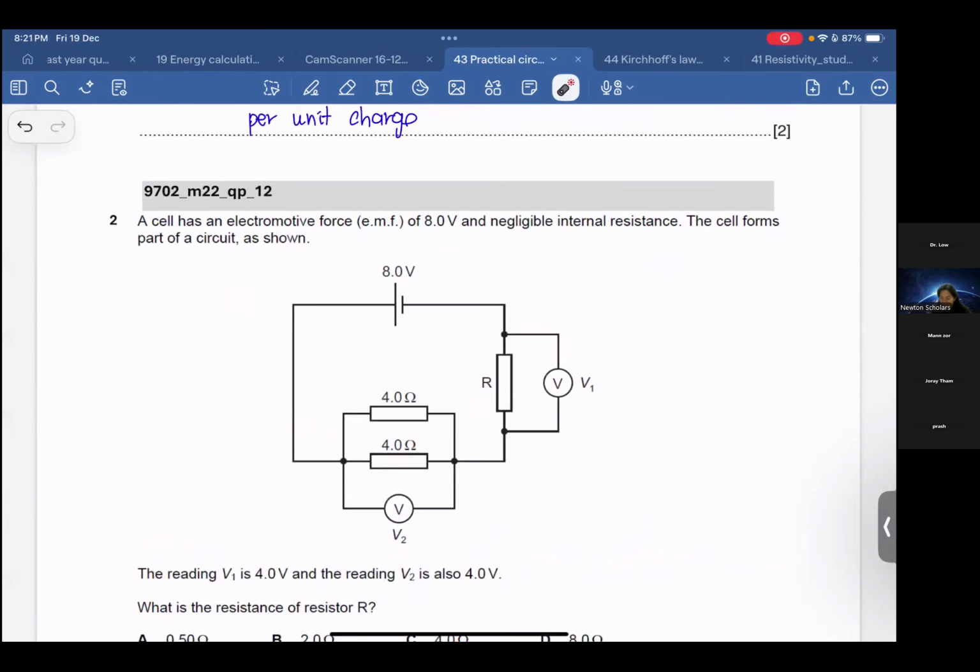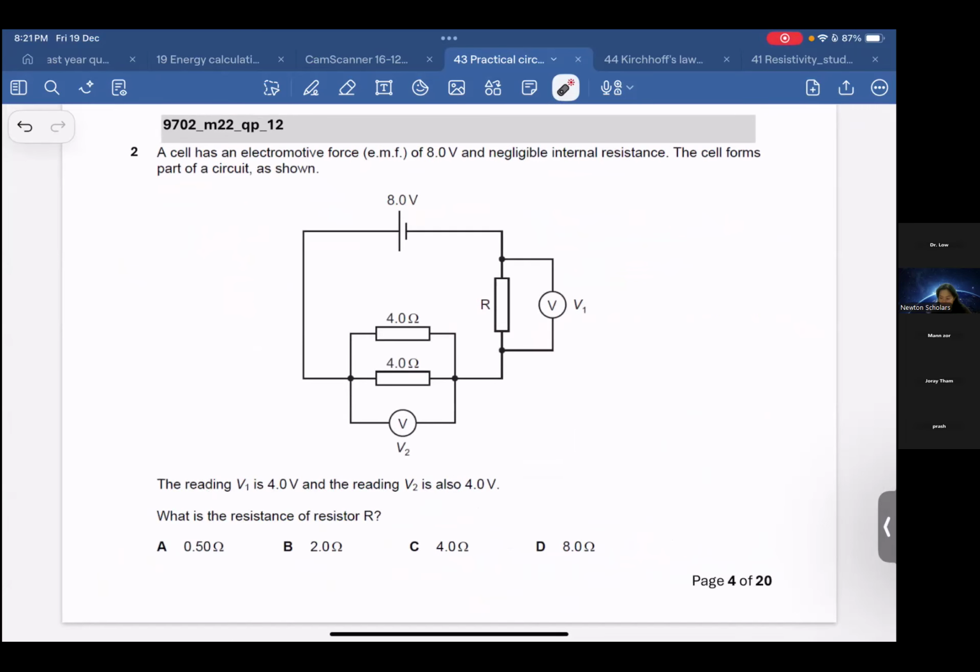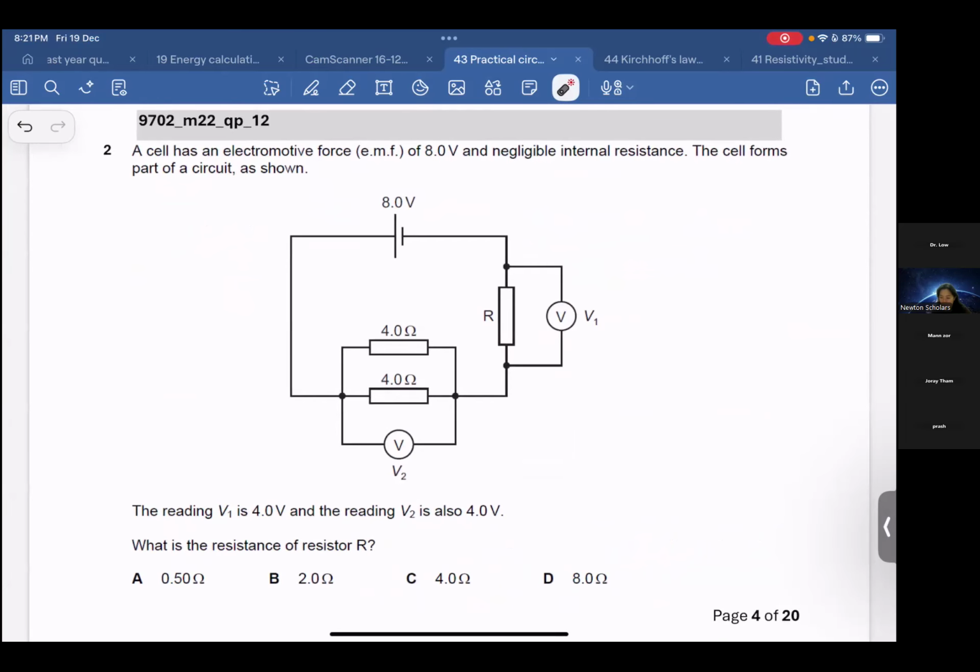Okay, then here, a cell has an electromotive force of 8.0 volt and negligible internal resistance. The cell forms part of the circuit as shown. The reading V1 is 4.0 volt. The reading of V2 is also 4.0 volt. What is the resistor R? So think, what is your resistor R?